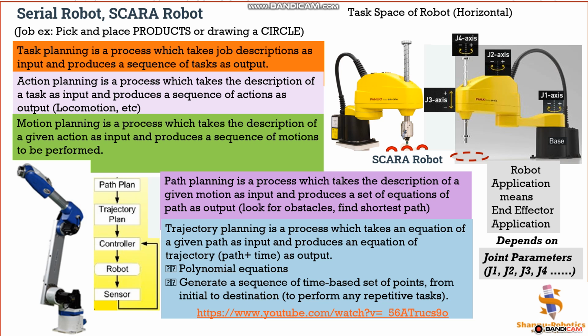Finally, the most important thing is trajectory planning, which is the process that takes the equations of a given path as input and produces an equation of trajectory. Trajectory is planning of the path together with time. It involves polynomial equations.